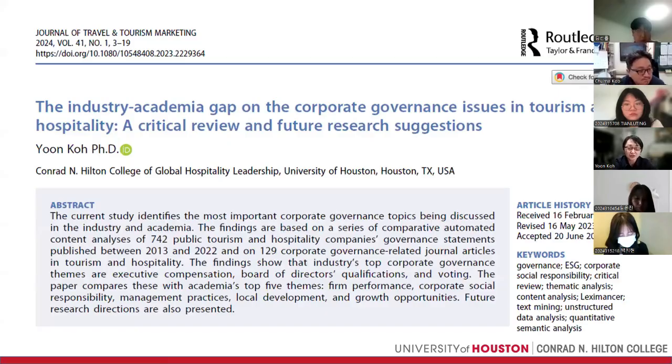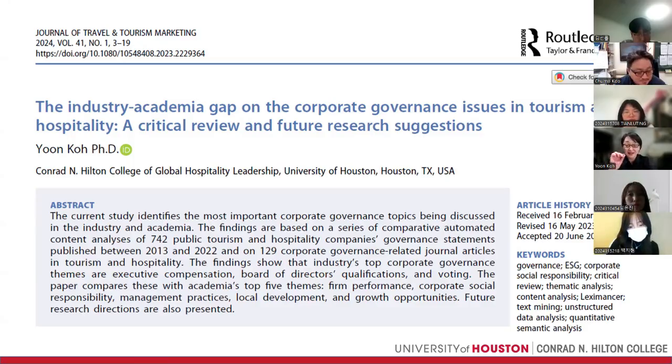And another example is this paper, the industry academia gap on the corporate governance issues in tourism and hospitality. On that data, I have used a certain portion of the annual reports. In that paper, I have focused on corporate governance issues specifically. And the annual report, I briefly showed that to you.